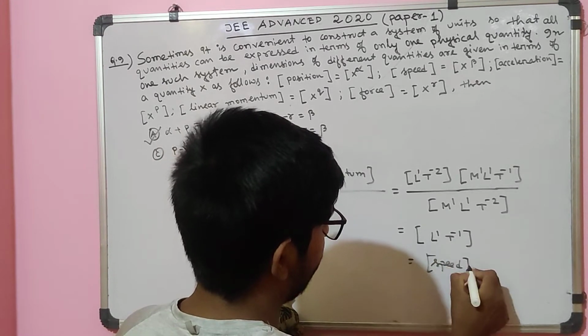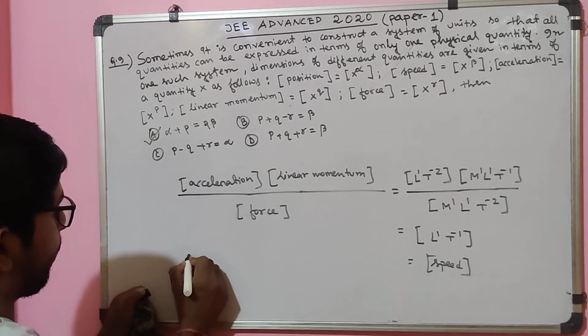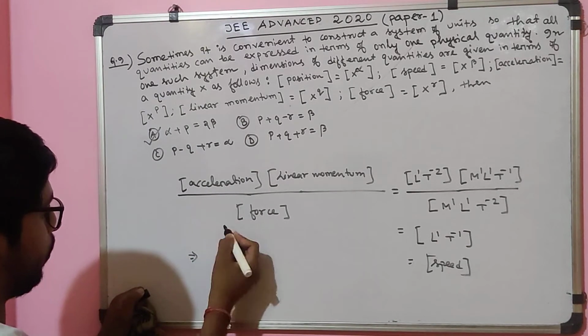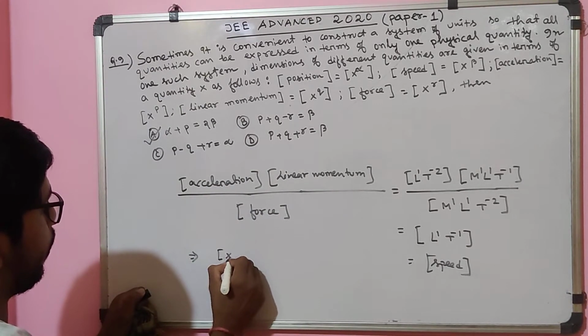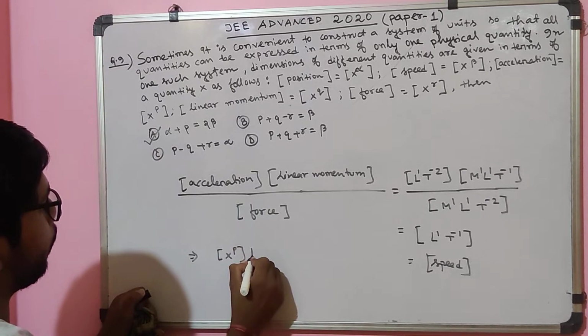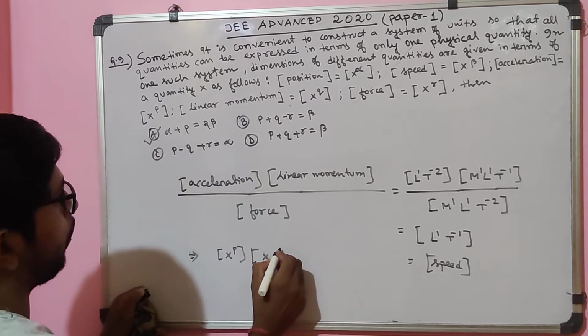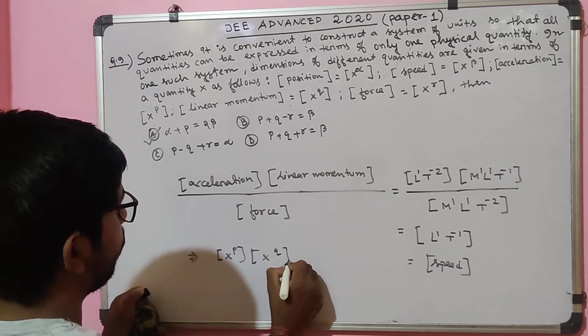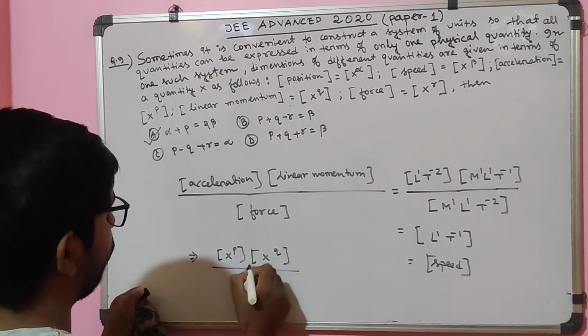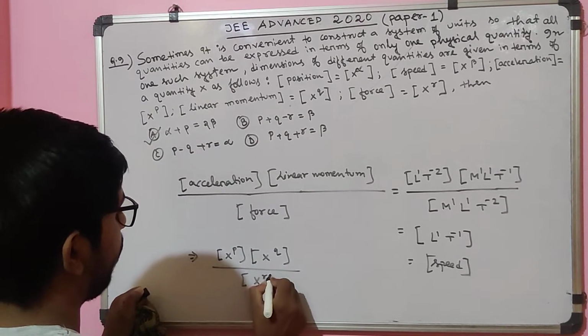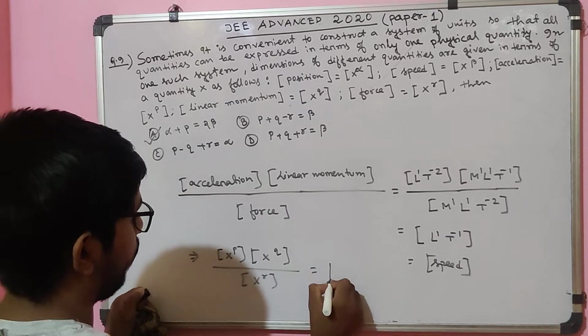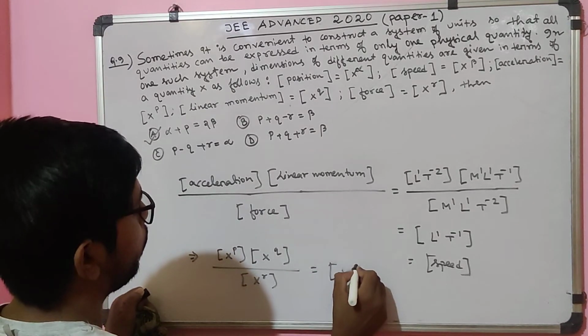the dimension of speed. Now acceleration is x to the power p, linear momentum is x to the power q, force is x to the power r, and speed is x to the power beta.